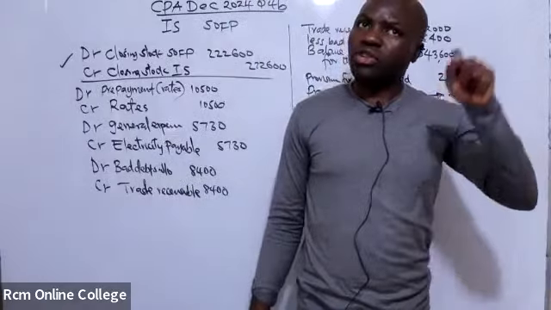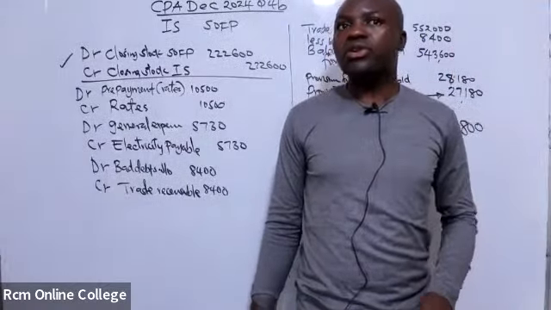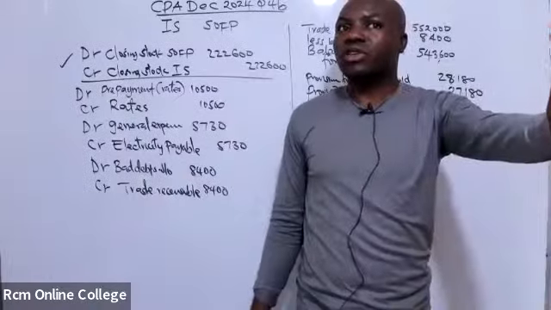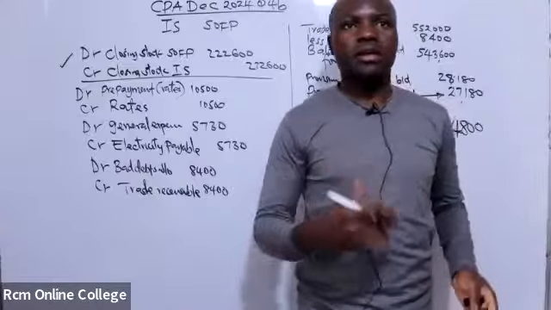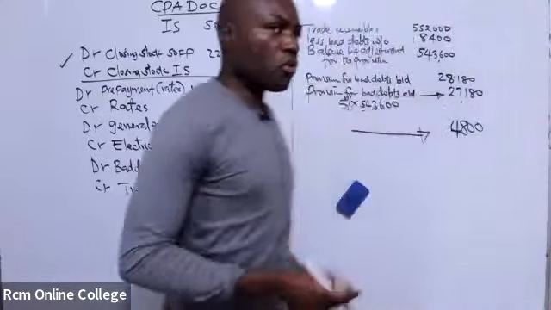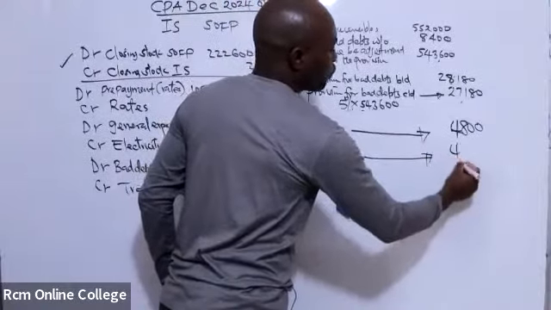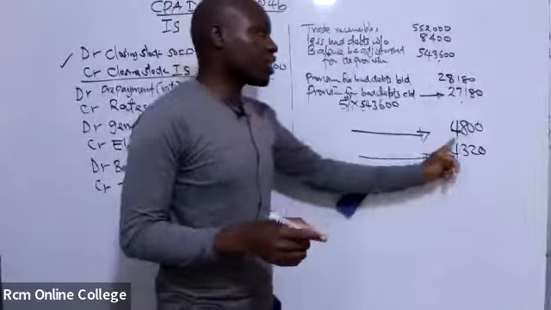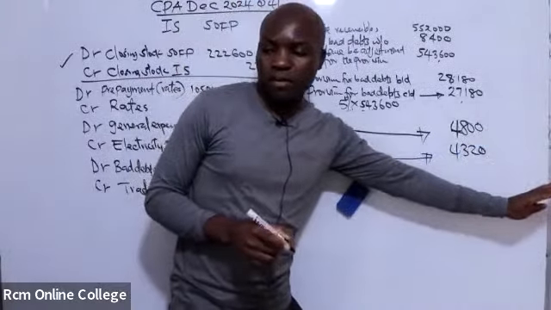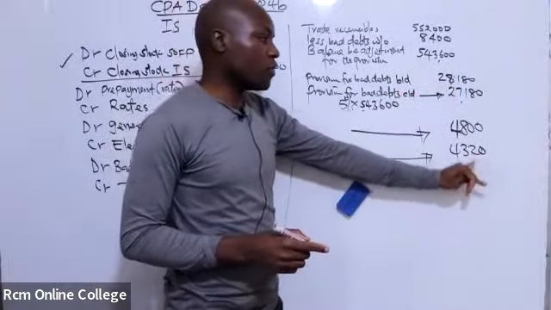Then, when you go to RCM the first day of the semester, they tell you, we will have a 10% discount. You pay in full, you enjoy a 10% discount. So you said, yes, I only need financial accounting. So when you got the discount, you were actually charged 4,320. Initially, you were able to put aside 4,800 to study. When you came to RCM, you were given a discount. So you actually paid 4,320.